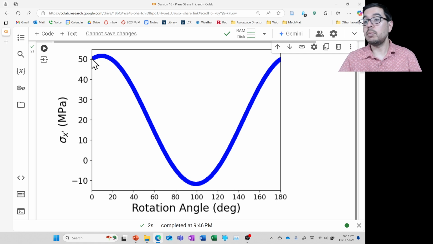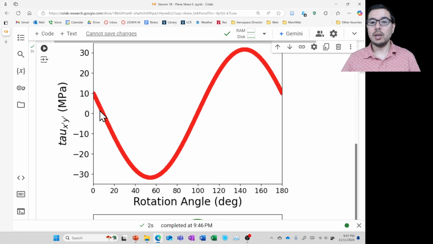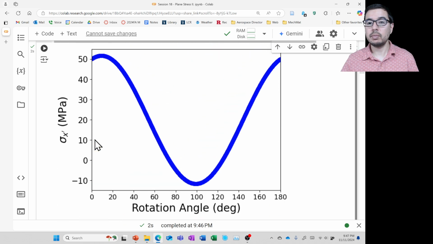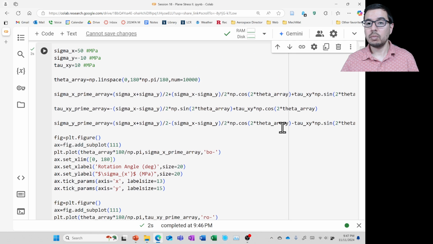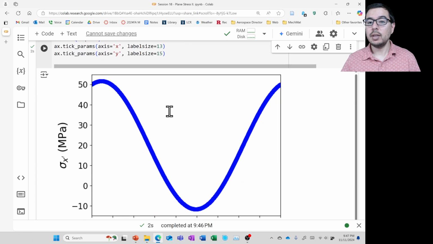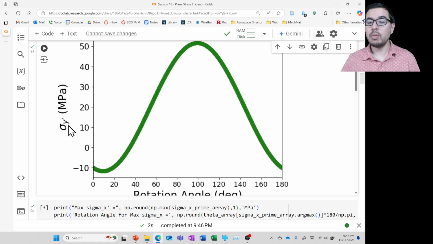That's a good simple check, that when you have 0 rotation, you get what you put in. So at 0 rotation, we got 50 megapascals. We got the tau x prime y prime of 10 megapascals. Good. And for the sigma y prime, we got the starting at minus 10.